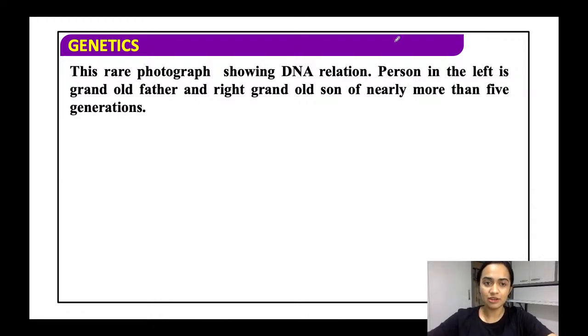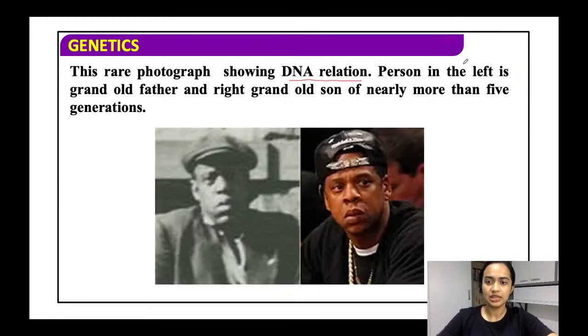This is a rare photograph showing DNA relation. The person on the left is the old grandfather, and this is his grandson. We can see that they look almost similar to each other. This is a good example of genetics, or the hereditary flow.